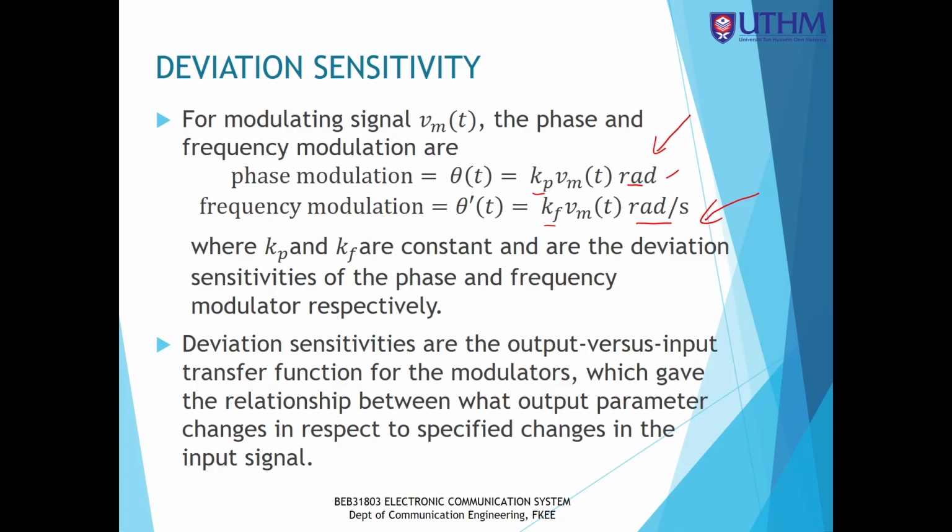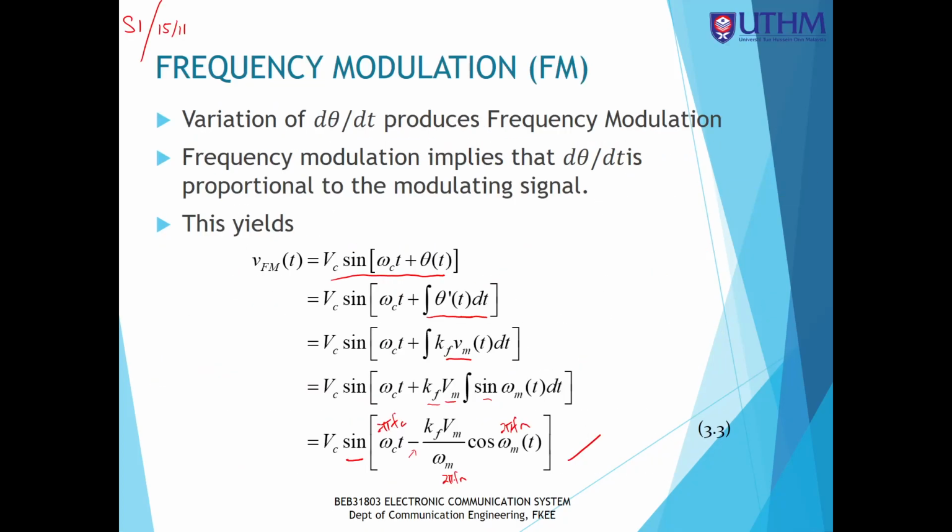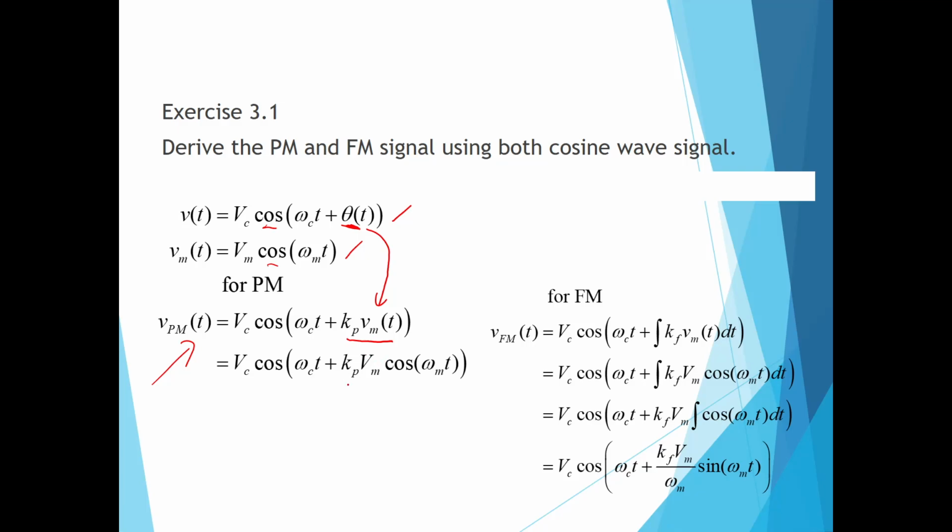So we can put in theta t as Kp Vmt, so you get Kp Vm cos omega mt, because Vmt is equal to Vm cos omega mt. Again you can change omega c as 2 pi fc, 2 pi fct, and here is 2 pi fmt. You can write either as omega, or as 2 pi f.